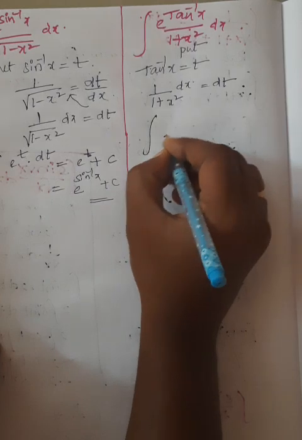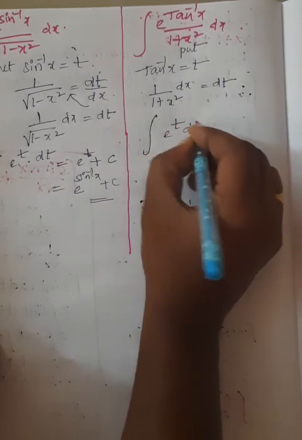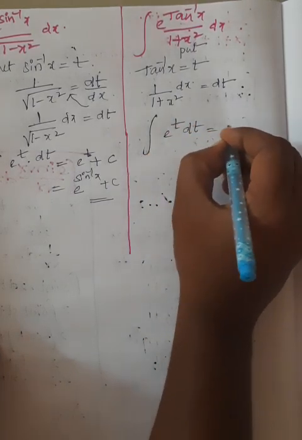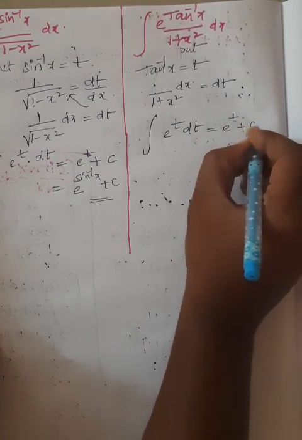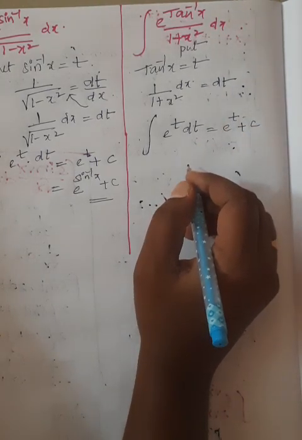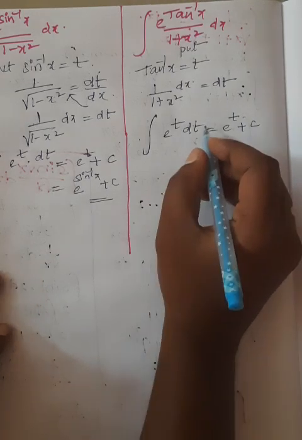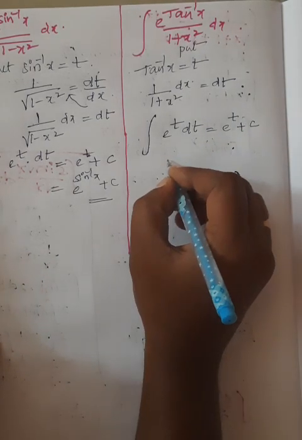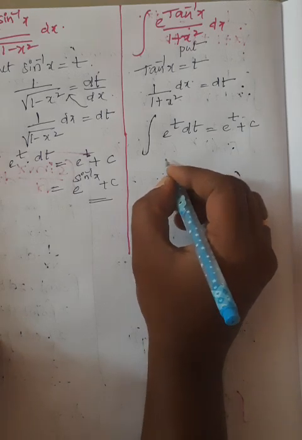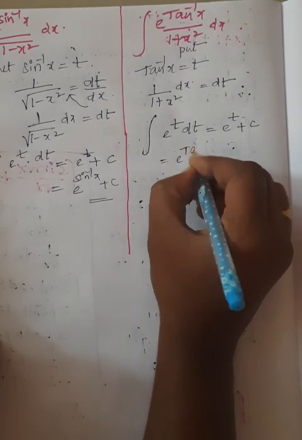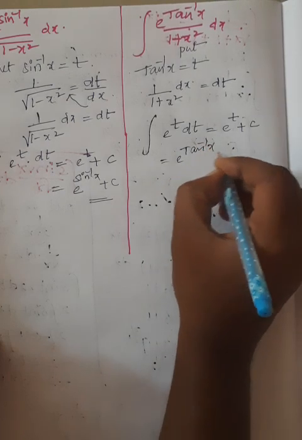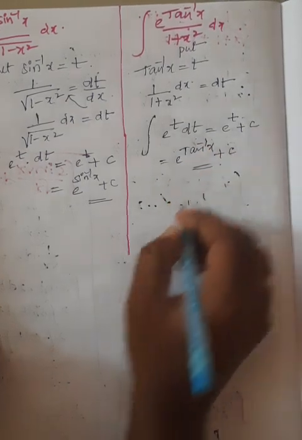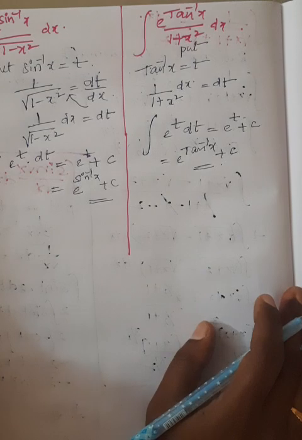Therefore integration of e to the power t dt is equal to e to the power t plus c, because integration of e to the power x is again e to the power x. Then we have to replace t with tan inverse x, plus c, which is our final answer for the given question.